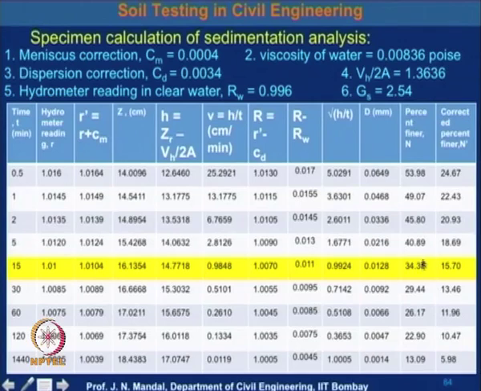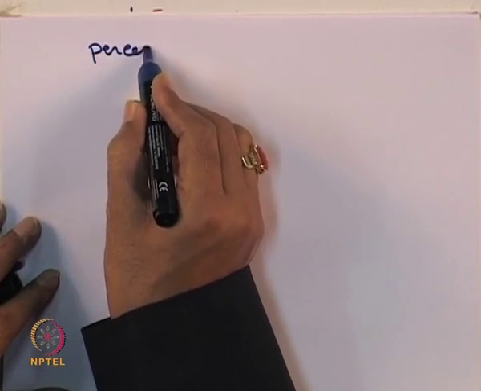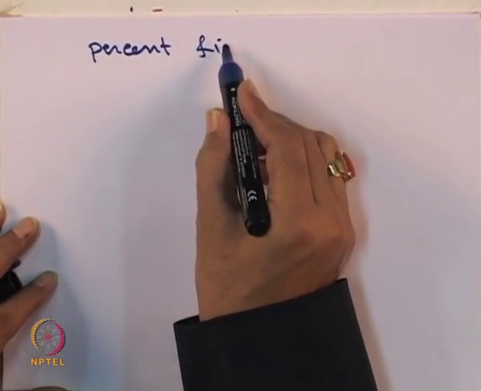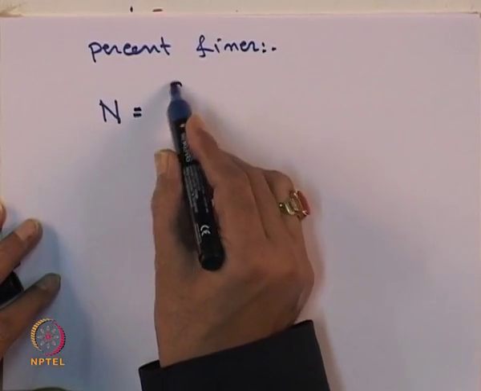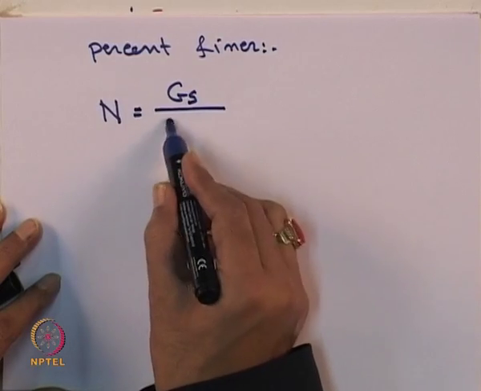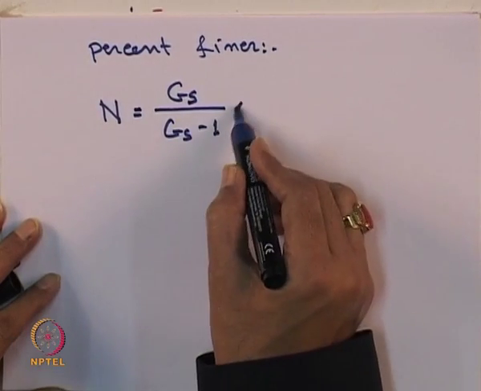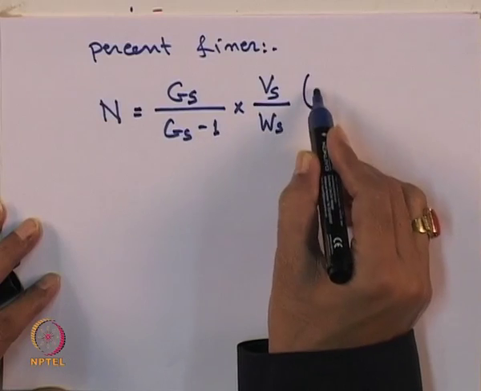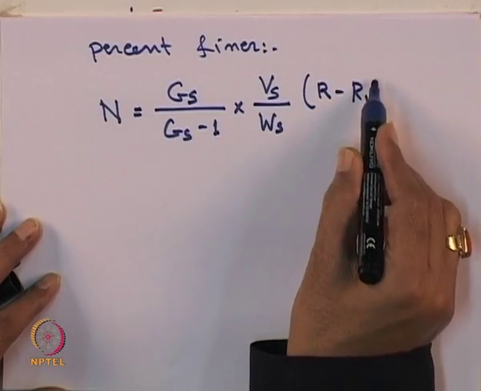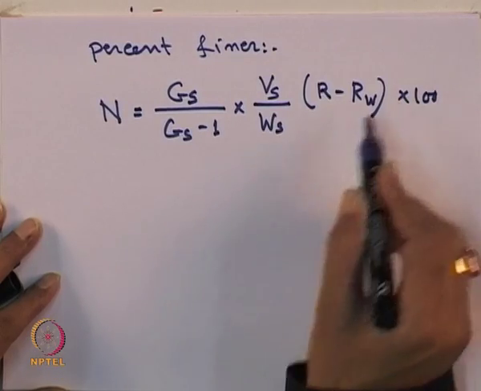Now, you have to calculate the percentage final. How do we calculate the percentage final? That means percentage final is designated as N. So, this percent final, designated as N, is equal to Gs divided by (Gs minus 1), into Vs divided by W of s, into (R minus Rw), this into 100.